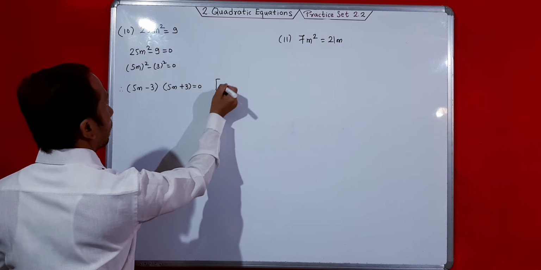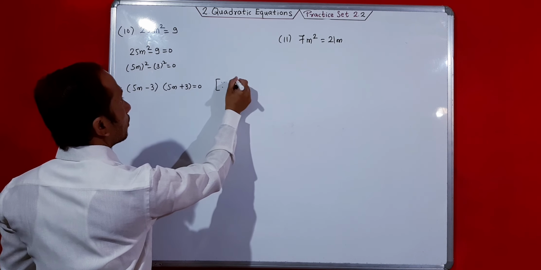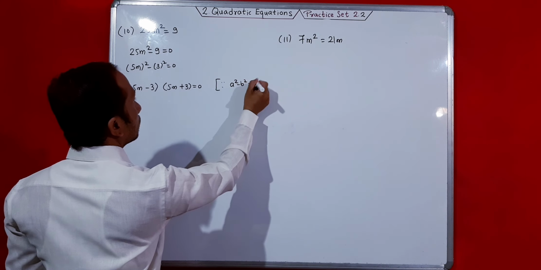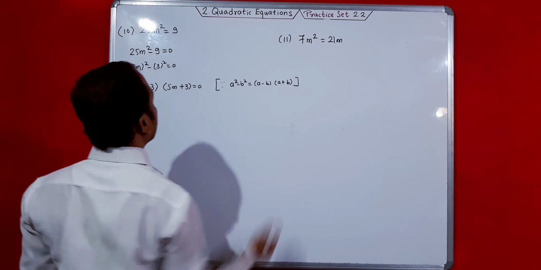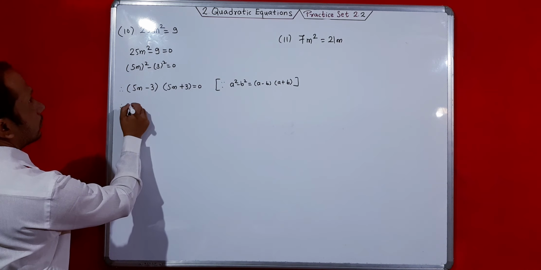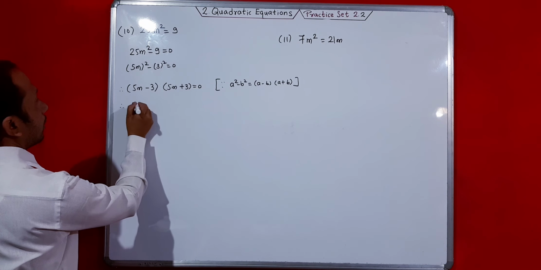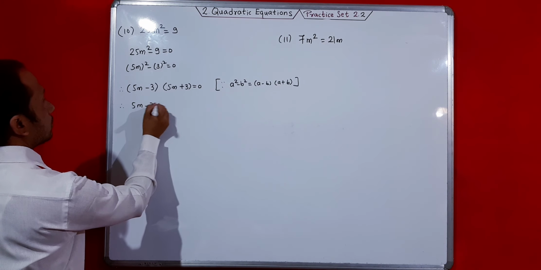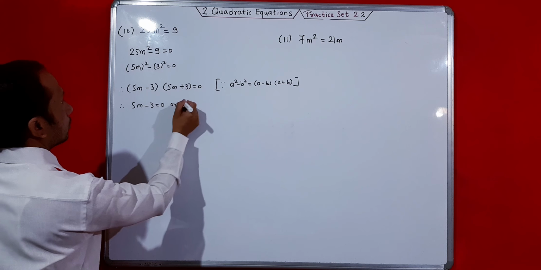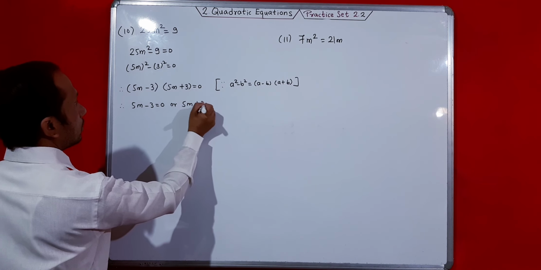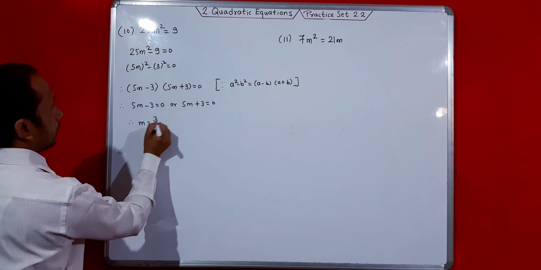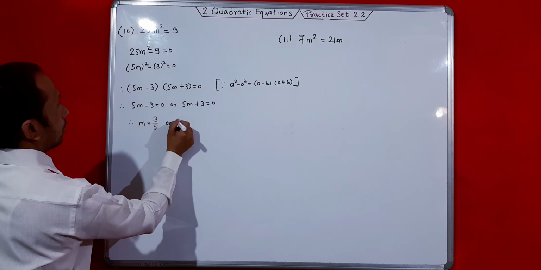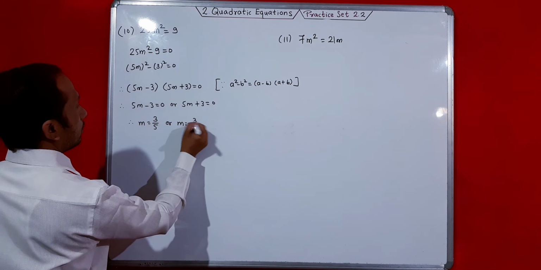You use the formula a square minus b square is equal to a minus b, a plus b. So use this formula. Therefore 5m minus 3 is equal to 0, or 5m plus 3 is equal to 0. Therefore m is equal to 3 divided by 5, or m is equal to minus 3 divided by 5.